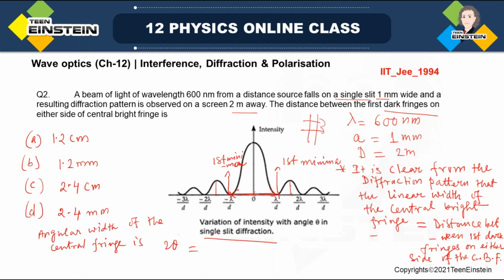We know for the diffraction pattern, d sin theta is equal to lambda, this is the first dark fringe.